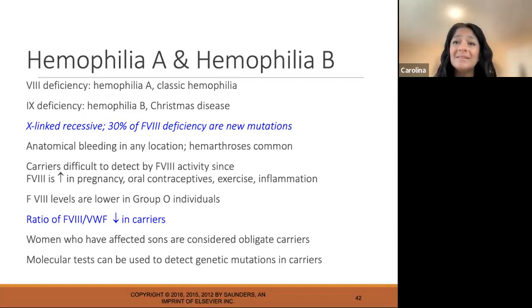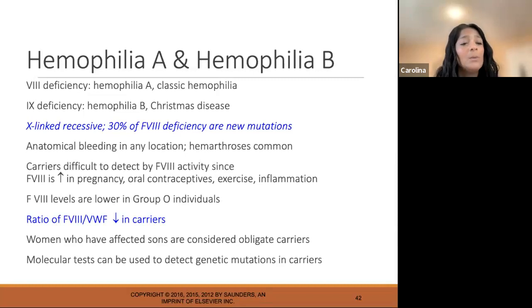Remember, this is an X-linked disorder, so females have 2 X chromosomes and males have XY chromosomes. Factor VIII levels can also be lower in group O individuals, and the ratio of factor VIII to von Willebrand's is also decreased in carriers.